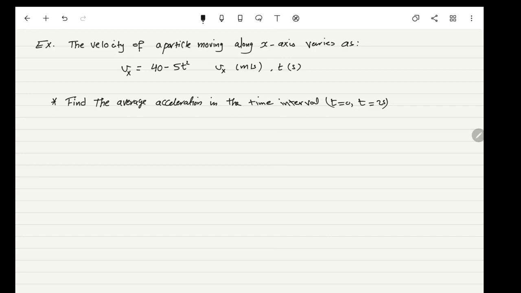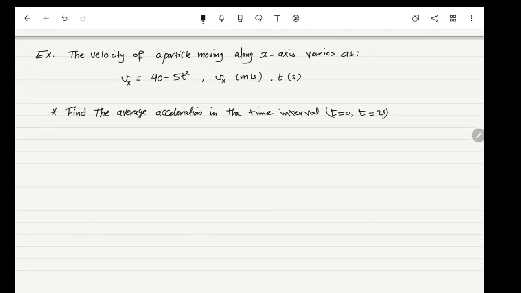Example: the velocity of a particle moving along the x-axis varies as follows: Vx equal to 40 minus 5t squared, in such a way here that Vx is measured in meter per second, t in seconds. Find the average acceleration in the time interval t equals 0 to t equal to 2 seconds. Now, the average acceleration equals delta v by delta t, which equals v final minus v initial.